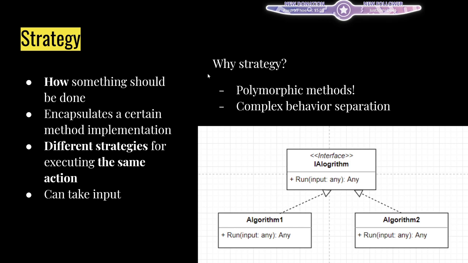So why would we need strategy? Well, we have polymorphic methods and we have complex behavior encapsulated into objects.